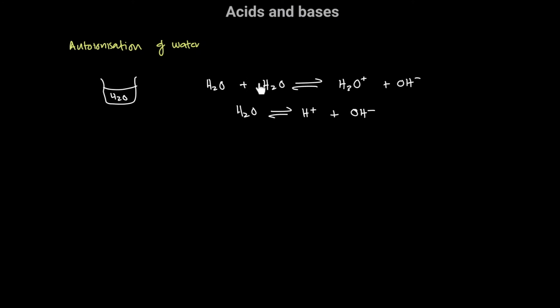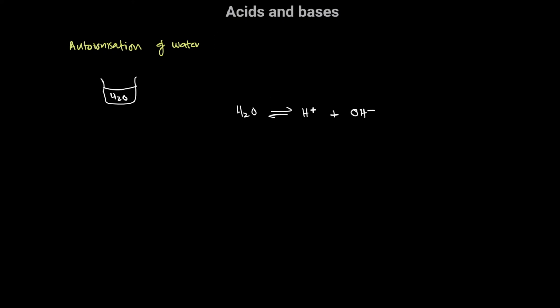Actually, H plus ions exist in aqueous solutions as hydronium ions, but just to simplify this expression, instead of writing H2O and H3O plus, we just write H plus and OH minus. So a very small fraction of water molecules ionize to form H plus and OH minus ions.